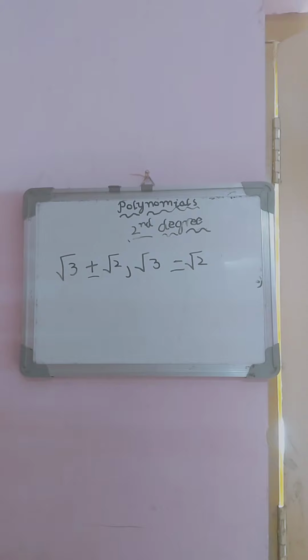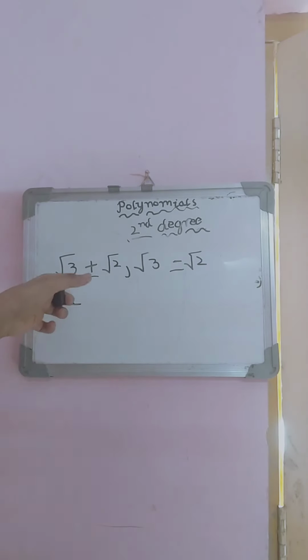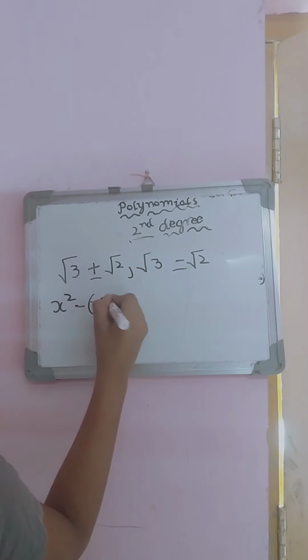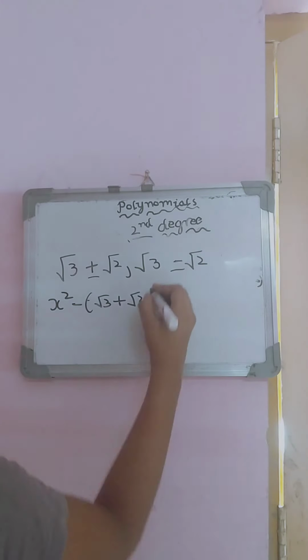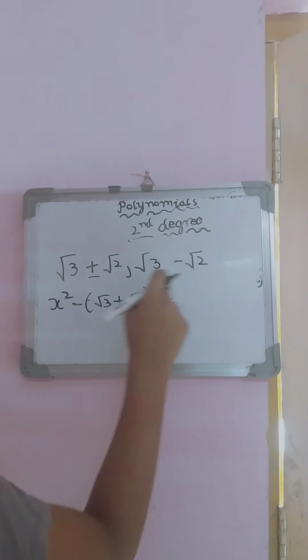So let us go to the formula: x square minus sum of roots into x plus product of roots. Root 3 plus root 2 plus root 3 minus root 2 gives the sum of roots.